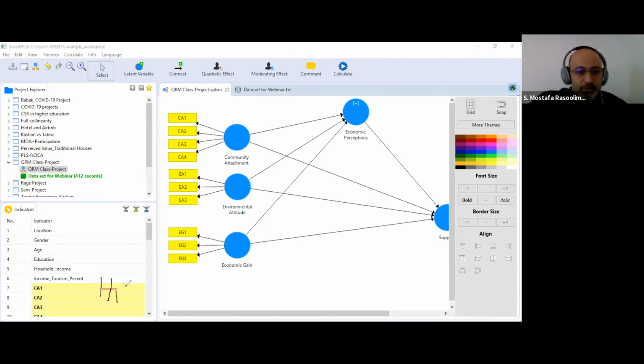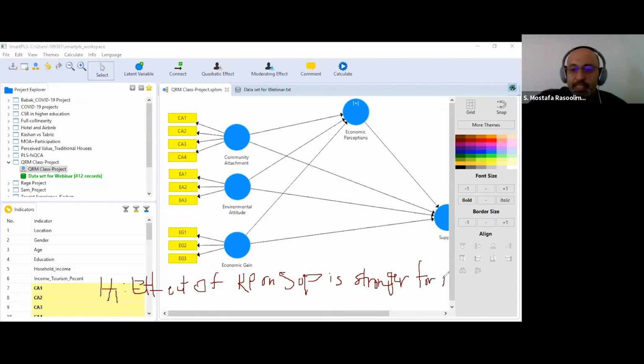H1: effect of resident perception on support is stronger for residents with the high level of involvement.